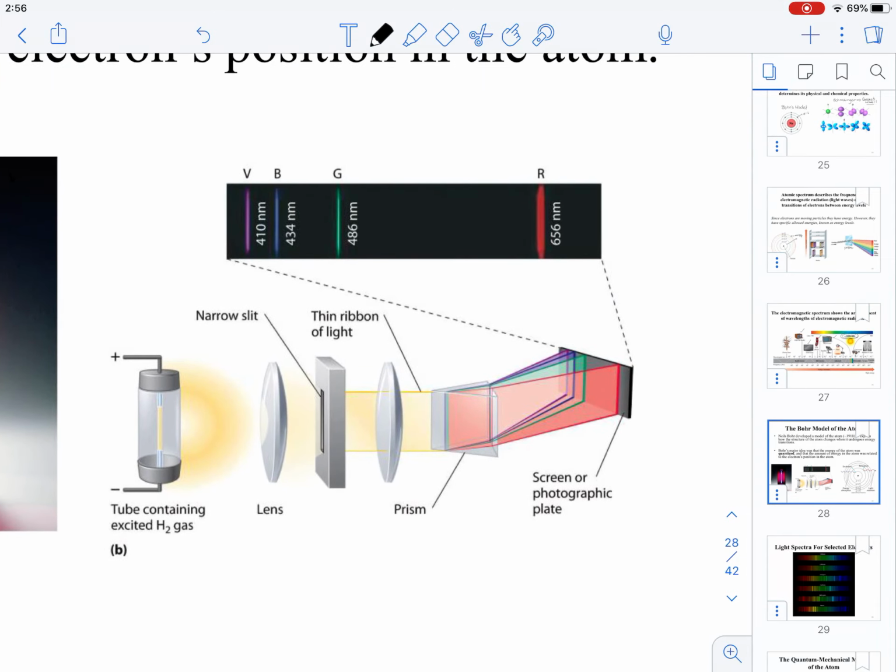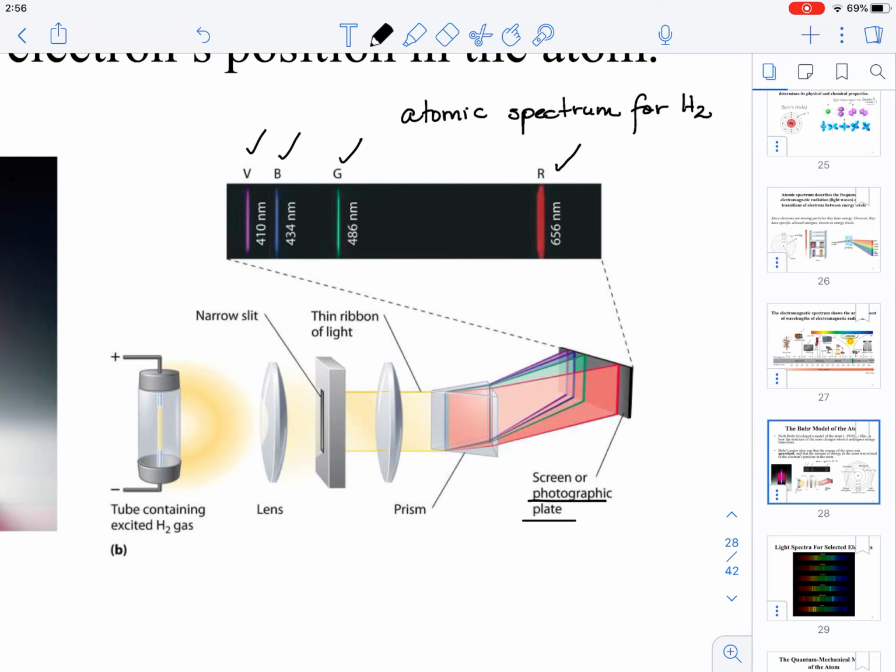And then he was taking that light that was coming out of the tube, and he was passing it through a lens, then passing it to a prism, and then he was capturing it in a photographic plate. In that photographic plate, as you can see, he saw very distinct lines that showed that this is the atomic spectrum for hydrogen.